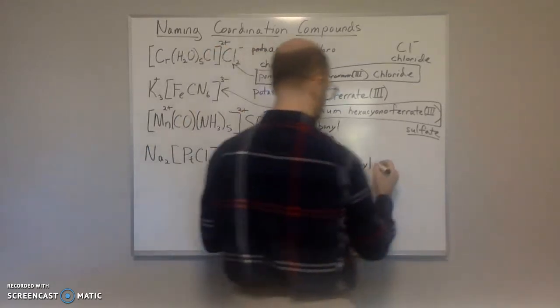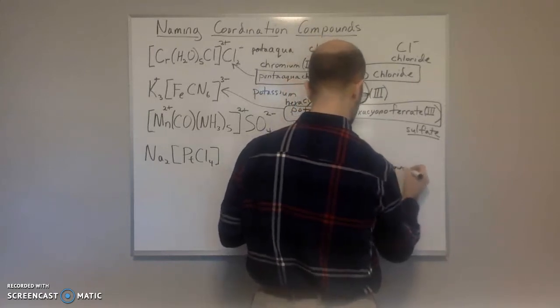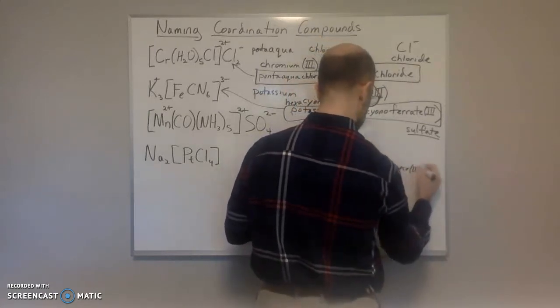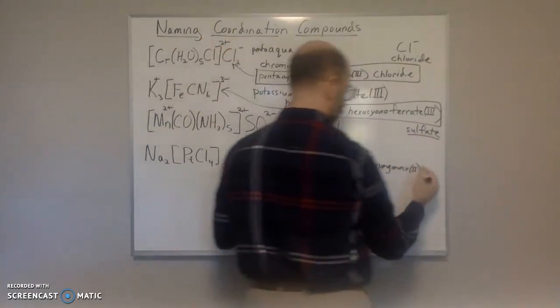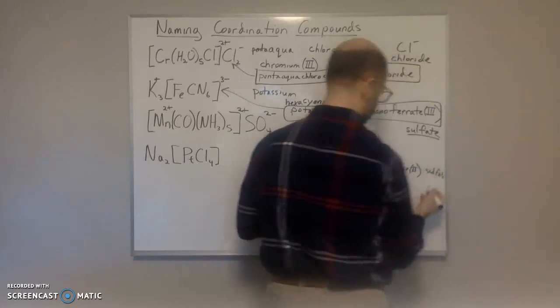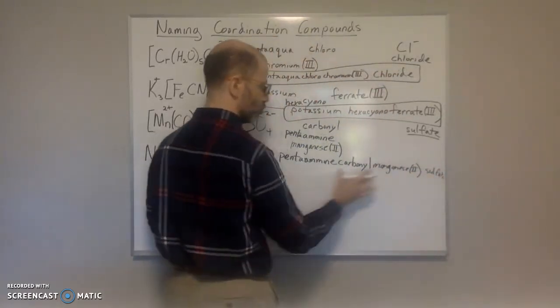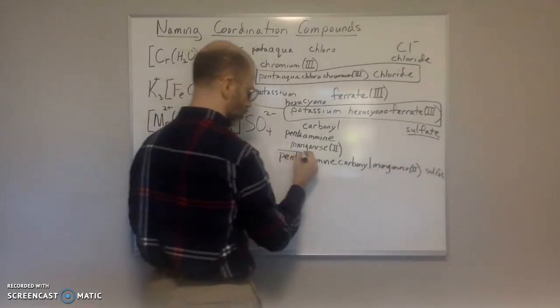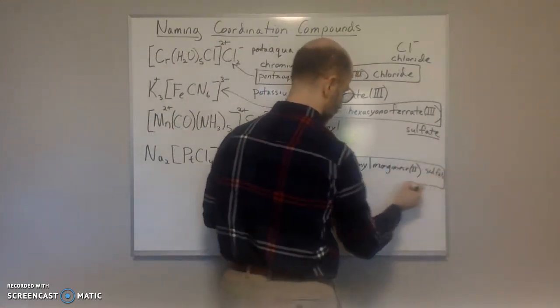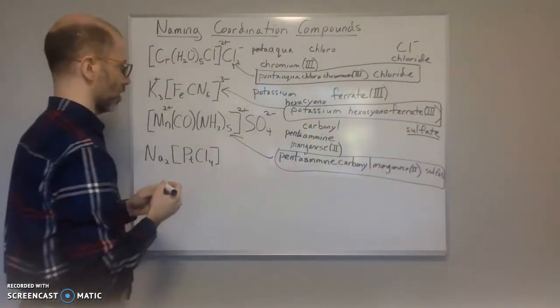And then the metal, manganese(II). And then followed by sulfate, with a space between. The only space is between the names of the two ions. And so this is the name of this complex here.